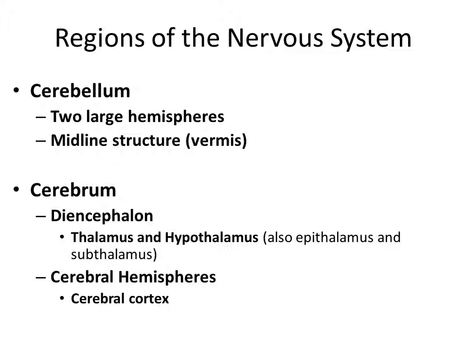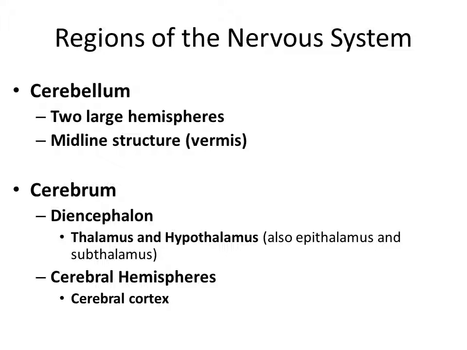The cerebrum is made up of two cerebral hemispheres, and these cerebral hemispheres are covered with the cerebral cortex. Now, the cerebral cortex is like taking a nucleus and stretching it out in order to cover the surface of the hemispheres.